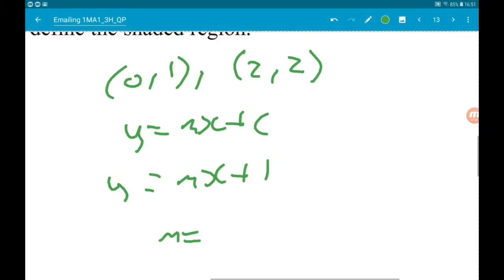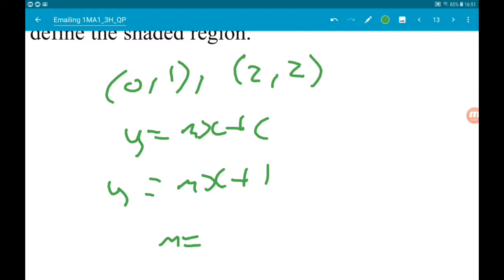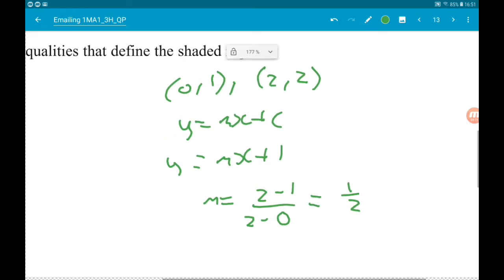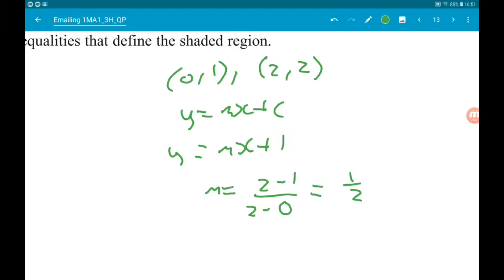So we're going to do it as 2 minus 1 over 2 minus 0, which gives us 1 over 2, which is a half. So the equation of this line is y is half x add 1.